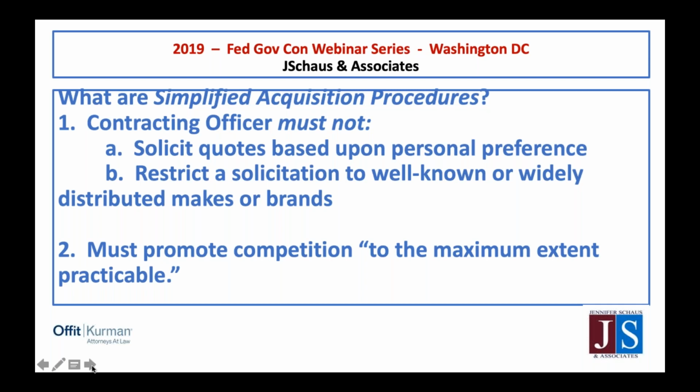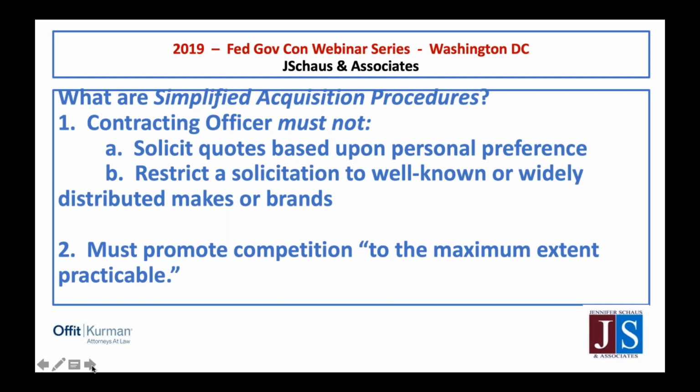The more important thing in terms of using the SAP procedures is to promote competition to the maximum extent practicable, which you see here. That's the reason, or at least part of the reason, why personal preference is not something that is permissible under FAR Part 13.